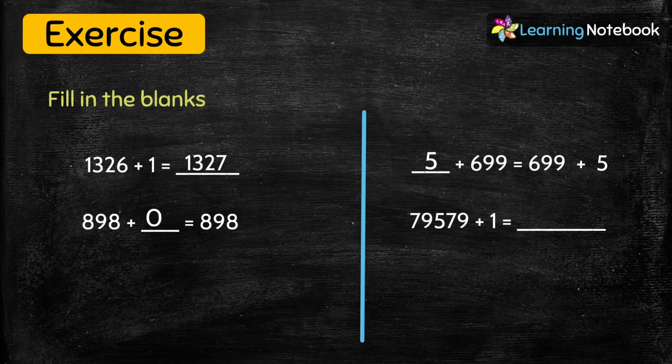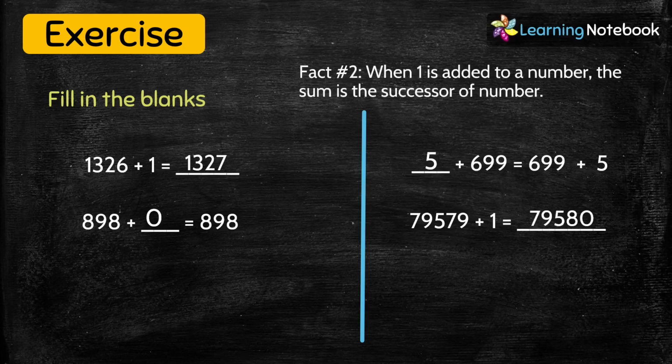Next one is 79579 plus 1 equals dash. Answer would be 79580 because of addition fact number 2. When 1 is added to a number, the sum is the successor of that number.